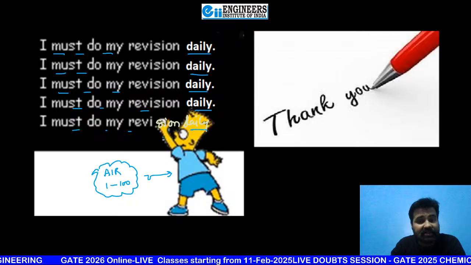So just make it your habit to revise every day. For a 2-hour or 2.5-hour lecture, if you revise before the next lecture, it will take 5 minutes. Even after completing more than 50% of the syllabus, revision will take only 10 to 15 minutes if you are revising every day. So don't forget to revise your notes every day, because only this is the secret, or you can say the key, of a good rank.